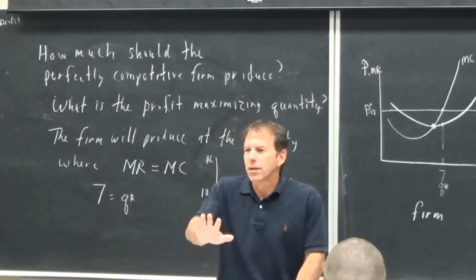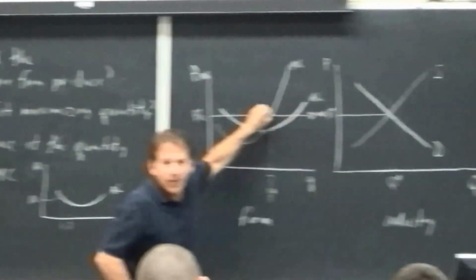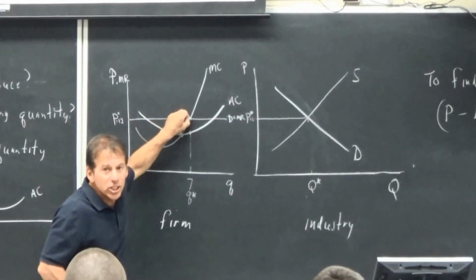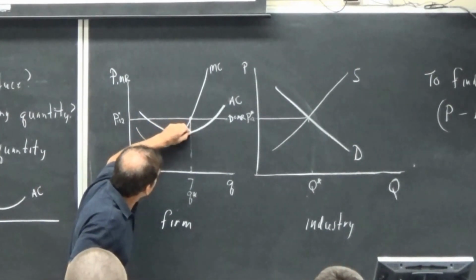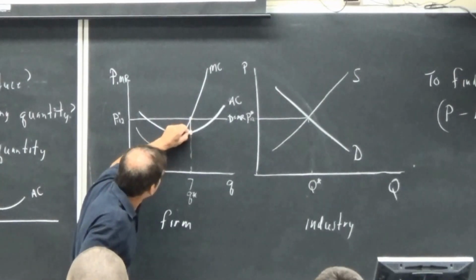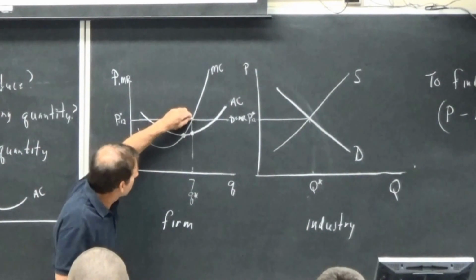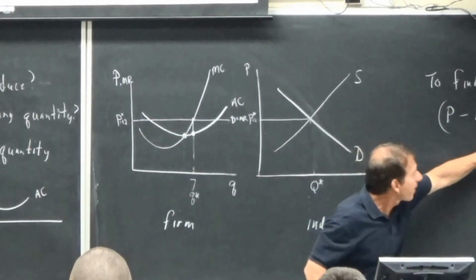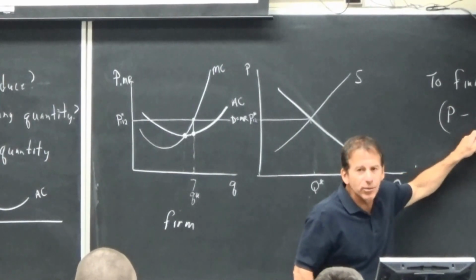All right. So we go to this point and find that profit maximizing quantity. Now, to get the average cost, you go to the average cost curve, and that's right there. What this formula says is that at this quantity, I need to figure out what the price is and what the average cost is.